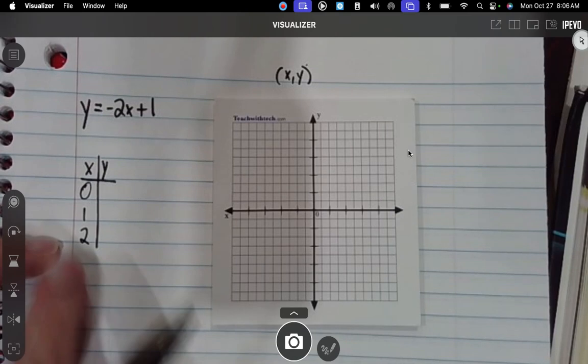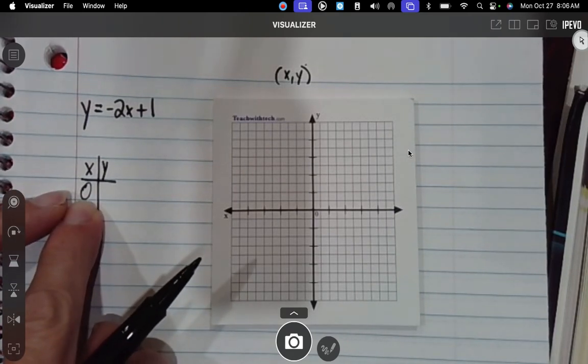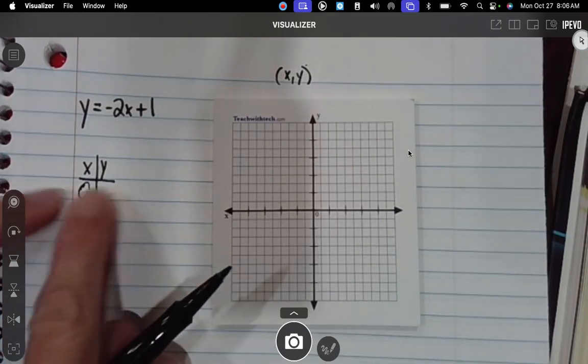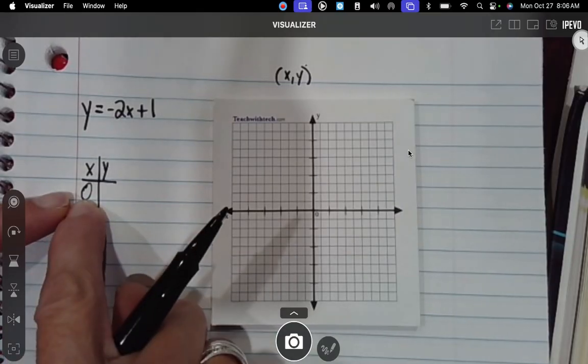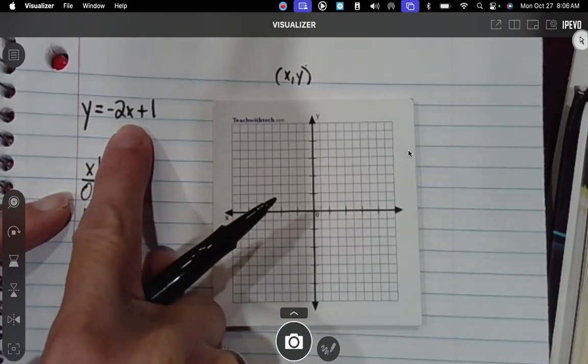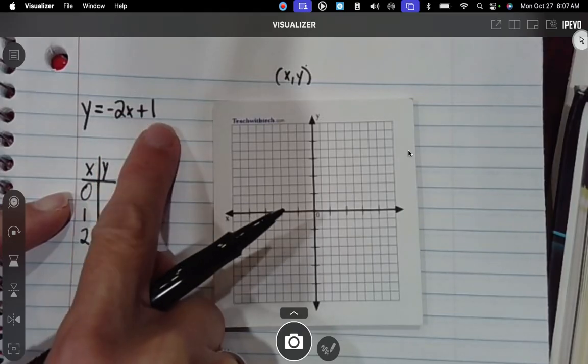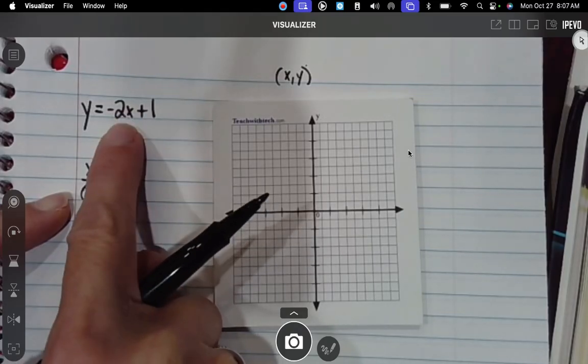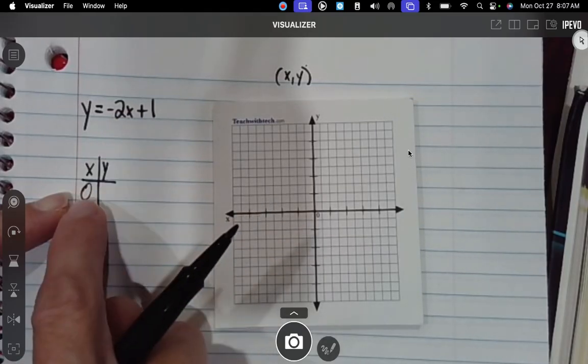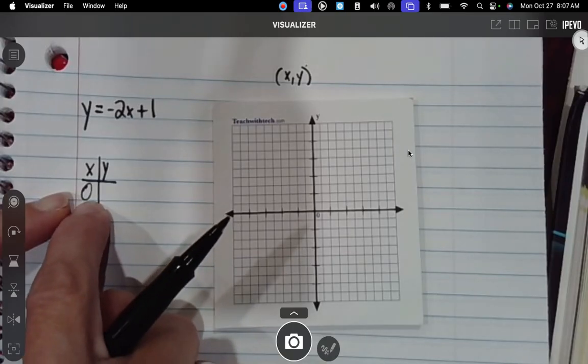Then what am I going to do with that number? I have to find y. This says x is 0. So what am I going to do with that x? Put a 0. Everybody understand that? That's not going to say -2 times x plus 1. Now it's going to say -2 times 0 plus 1.